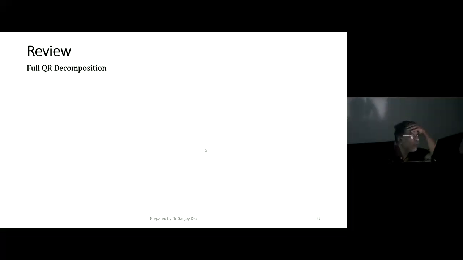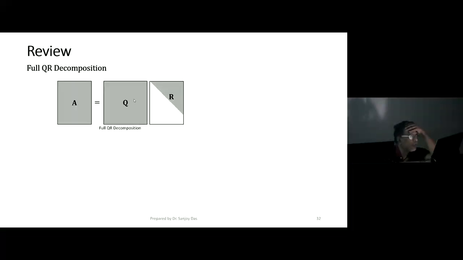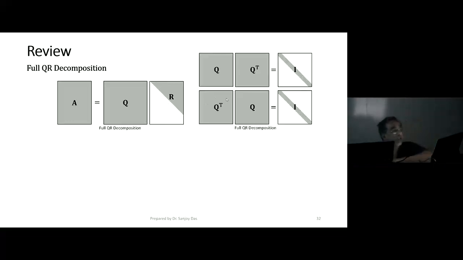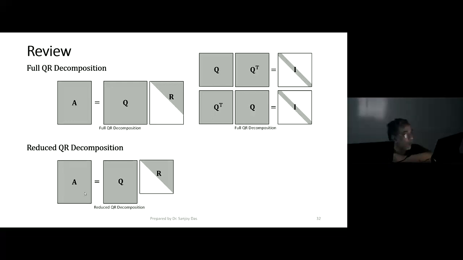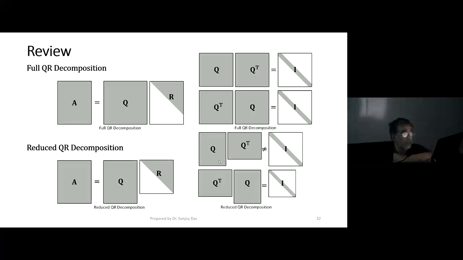Okay, so full QR decomposition is like this. We get a full unitary matrix Q and an upper triangular matrix R with a bunch of zeros. Q transpose Q will be equal to I because Q is unitary. In reduced QR decomposition, we get A equals this; Q is not a unitary matrix, it's of the same size as A, and R is a square upper triangular matrix.